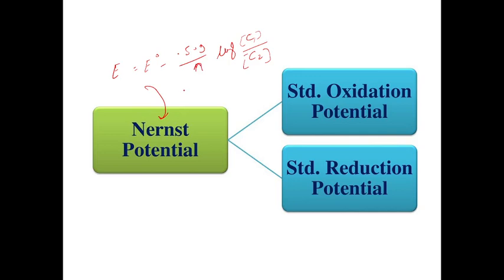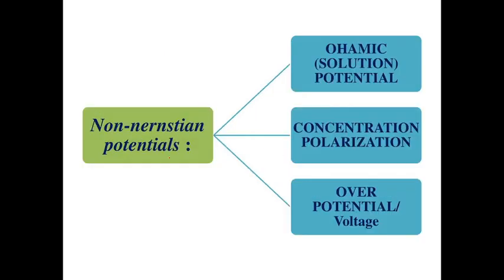According to the concentrations at your electrode and analyte, and how many electrons are taking part in your reaction, you can calculate this potential. But this potential is not sufficient. Standard oxidation potential and standard reduction potential can be calculated, but the Nernst potential alone is not enough, because of the ohmic potential, V is equal to IR.